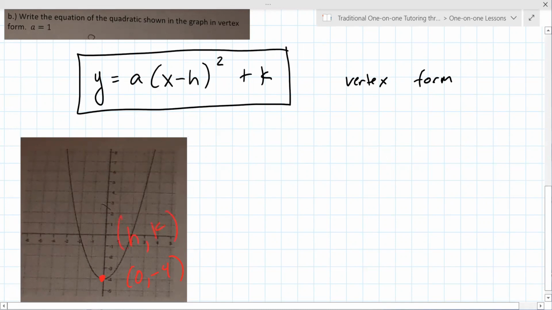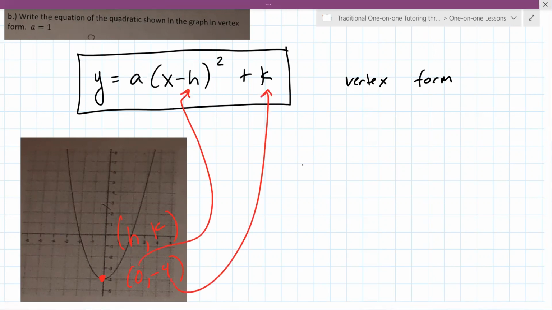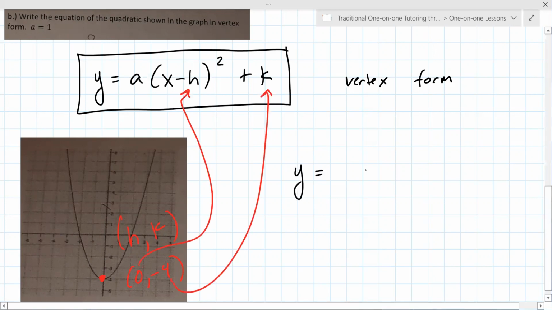So the first number is h. The second number is k. So that means that this 0 goes in there for h, -4 goes in there for k. So your equation is y = a(x - 0)² - 4.